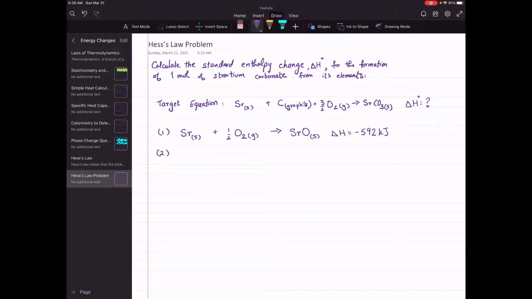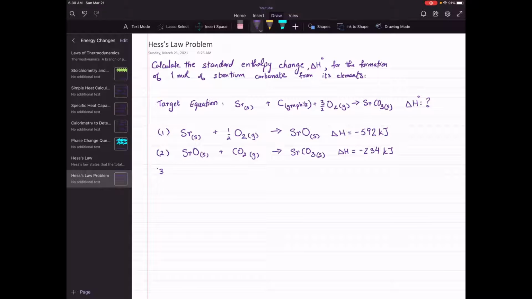Number one. Number two, SrO, strontium oxide in this case, solid, plus carbon dioxide, CO2, forms SrCO3, solid, and the delta H value is negative 234 kilojoules.